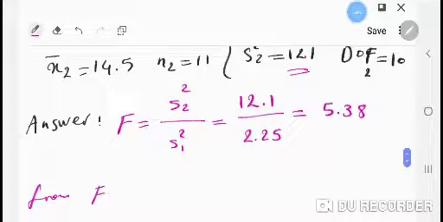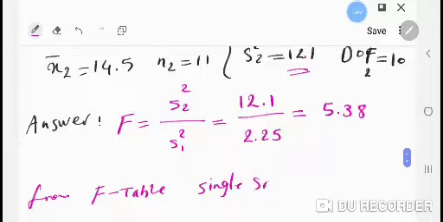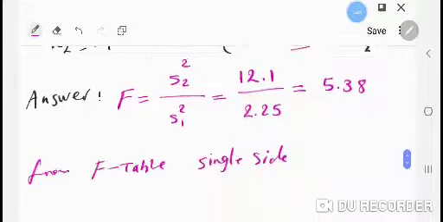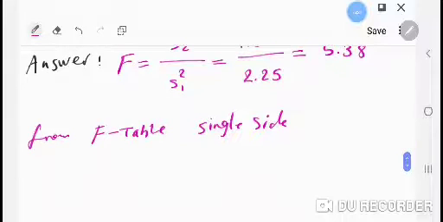From the F table, single side, because we want to determine whether S2 is greater than S1. Only greater than.